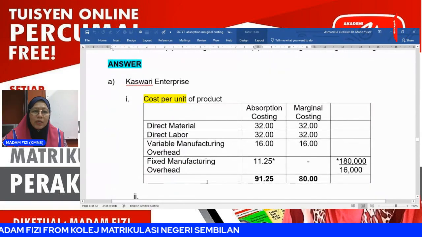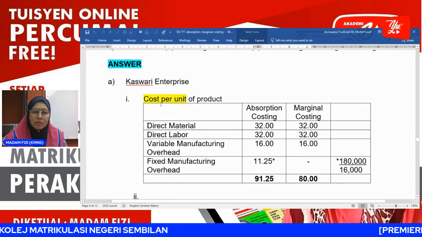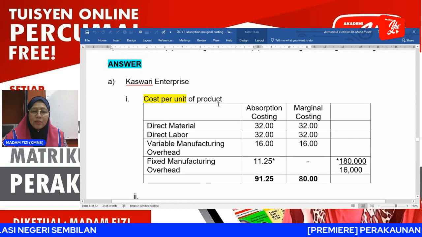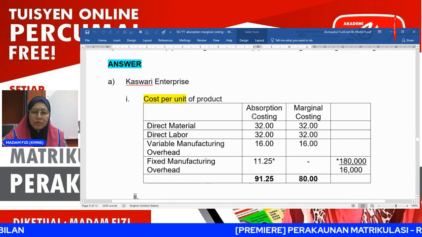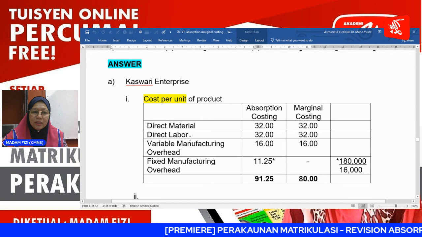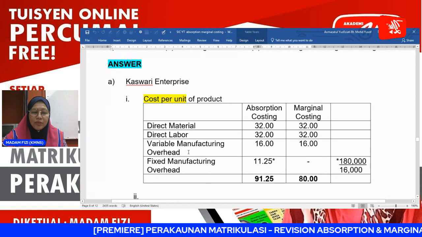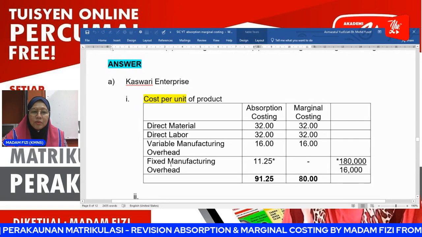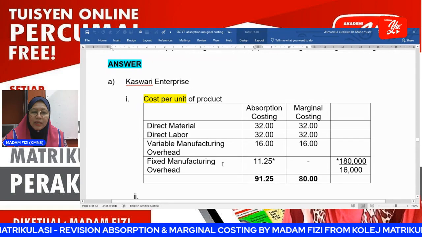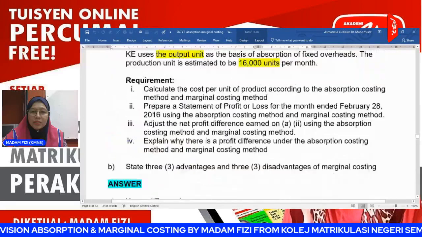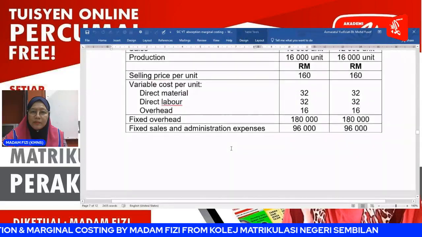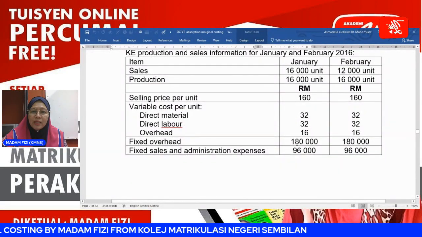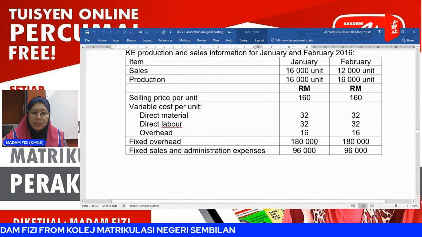Okay, for 1 Roman, to calculate the cost per unit of product, for absorption costing, you have to include direct material, direct labor, variable manufacturing overhead, and fixed manufacturing overhead. Okay, how to calculate the fixed manufacturing overhead? Okay, just now at the question, it mentioned 180,000.